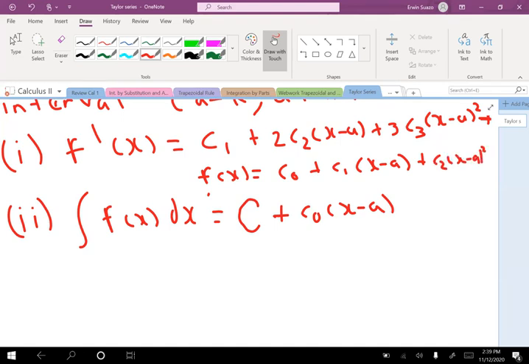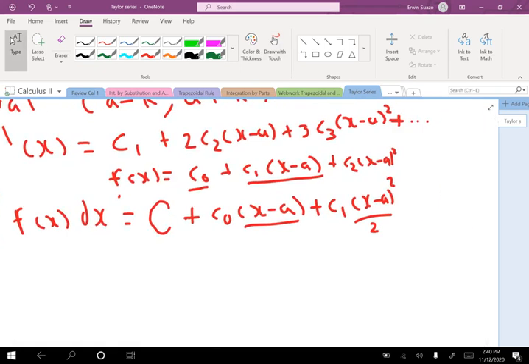So my antiderivative is going to be c0 times x minus a, plus c1 x minus a squared divided by 2, and then plus c2 x minus a cubed divided by 3, and so on.